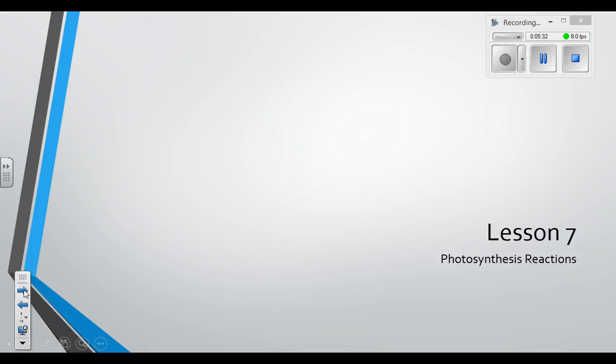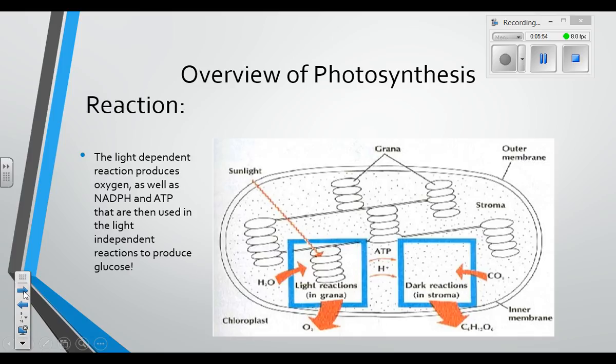So lesson 7 is the first part of photosynthesis. Photosynthesis is actually a whole bunch of reactions, not just one thing. So that's why it says photosynthesis reactions plural, because it's a big group of things that are happening all at the same time. So the first thing we'll do is just recap what is happening overall in photosynthesis.